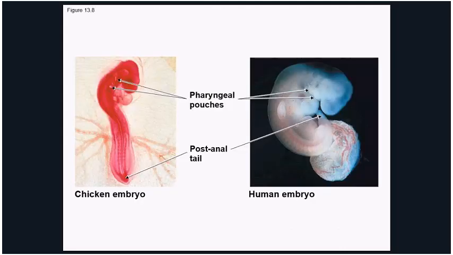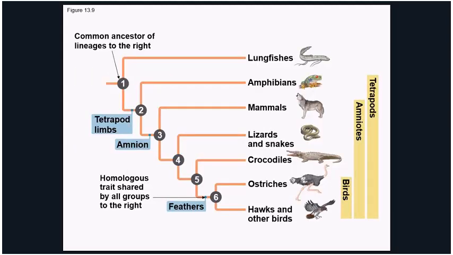There's a picture of the chicken and the human embryo looking very similar. This is showing an evolutionary tree, being that if you go back far enough, many things will have a common ancestor, like lungfish and everything else.